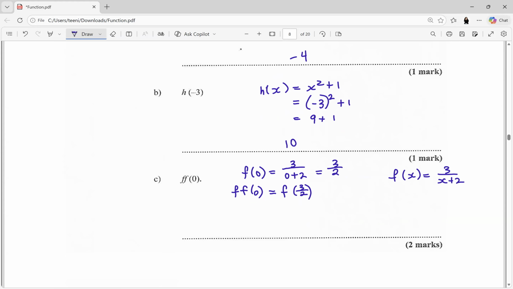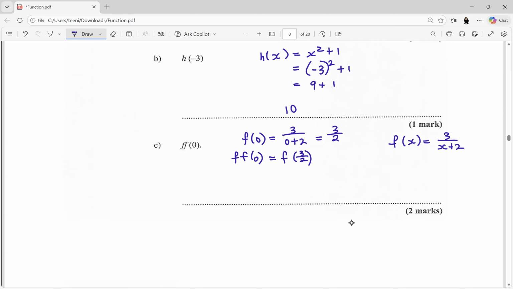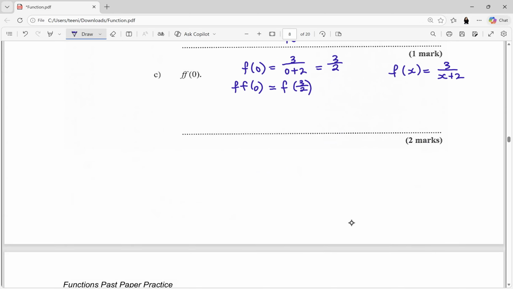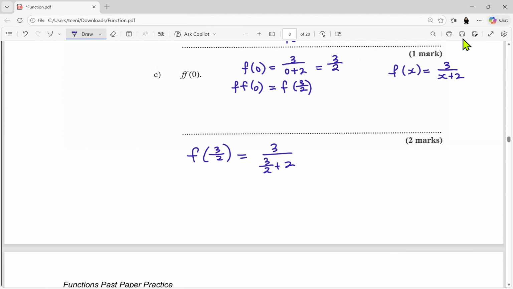So f of 3 over 2, I'm going to do it here because I have a little more space. F of 3 over 2 would be equal to 3 over 2 plus 2. Now, you could have used a decimal here because 3 over 2 is 1.5, so maybe that might have been easier for you to work with. But anyway, you could just put this in on your calculator and see what you get.